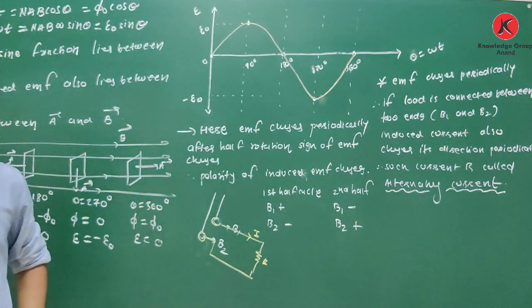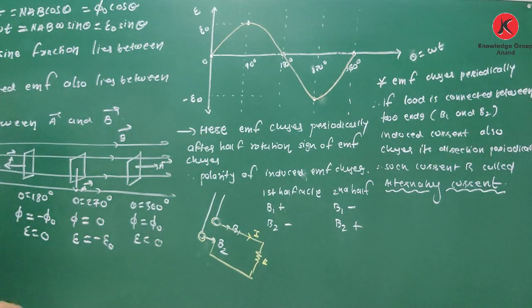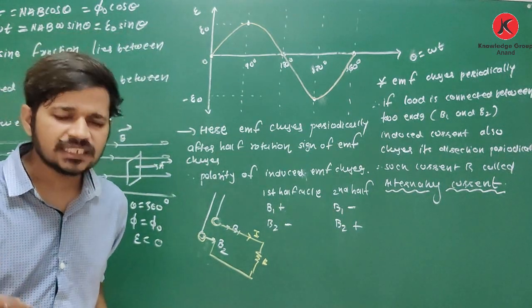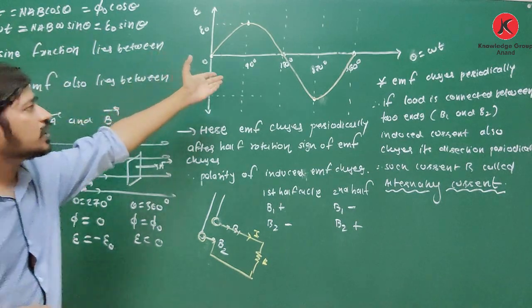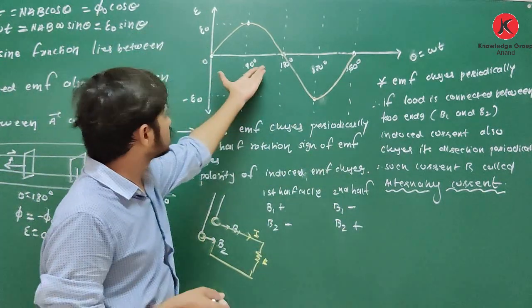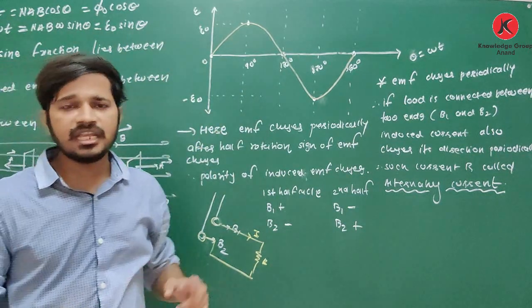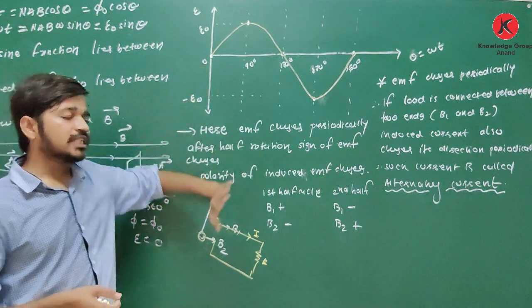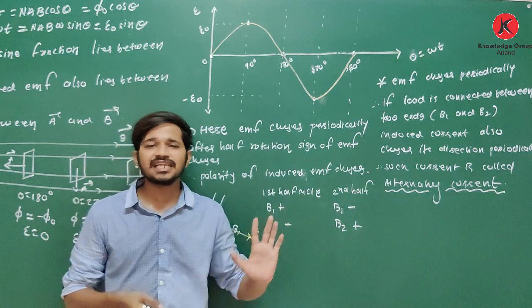The generator produces current, but which type of current? That is a function of sine. For math students it is easy to understand. EMF is a function of sine, and you know what the graph of sine is. You know the sine curve and the cos curve, they change their direction.